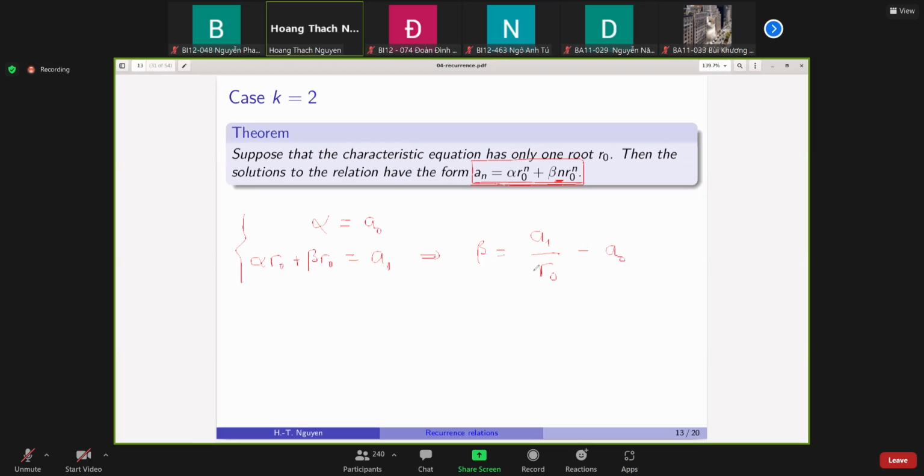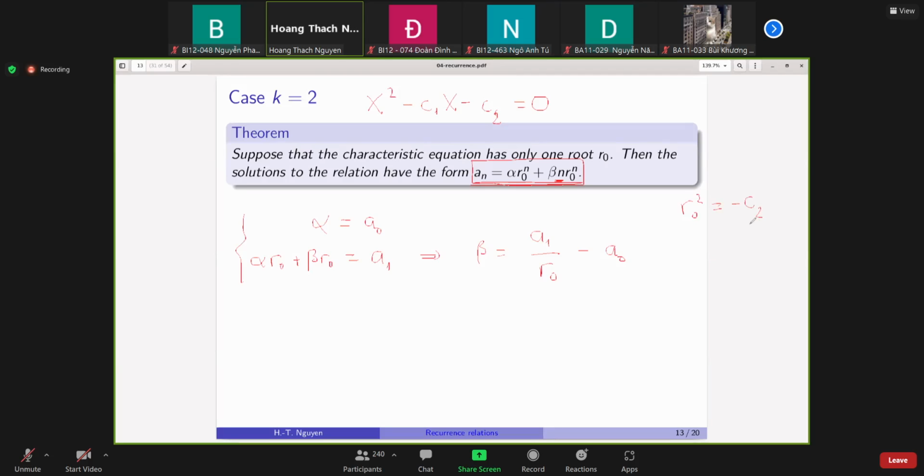And please note that here we are able to take the division by R0 because what? Because since our relation is of degree 2, this is our equation, right? So because of this, you have R0 square is equal to minus C2.